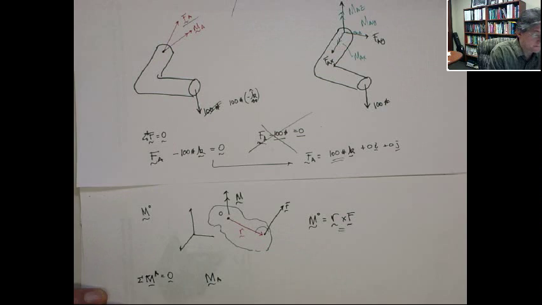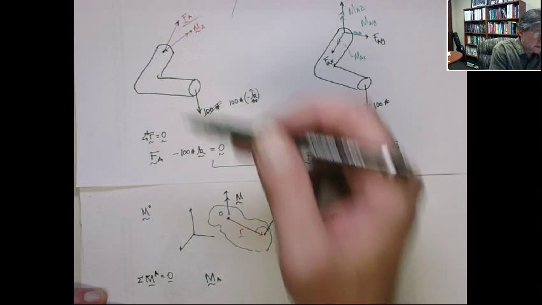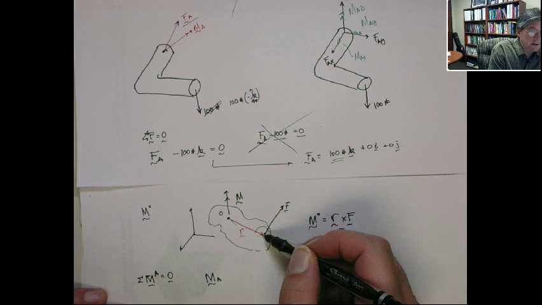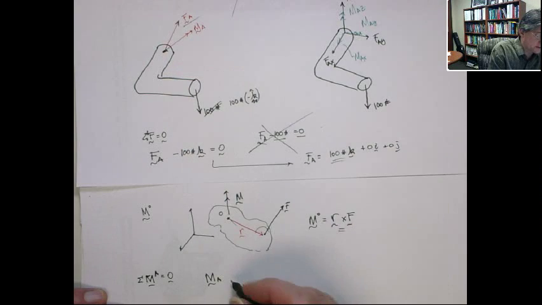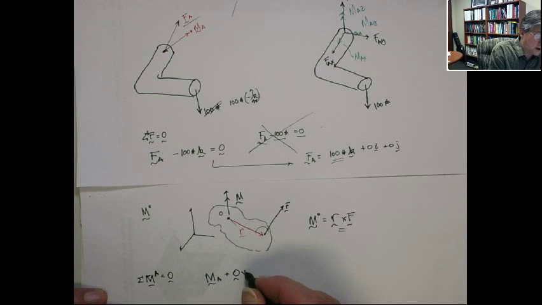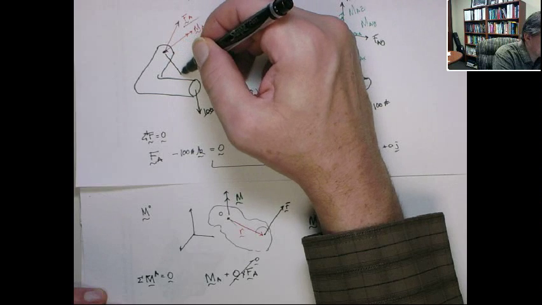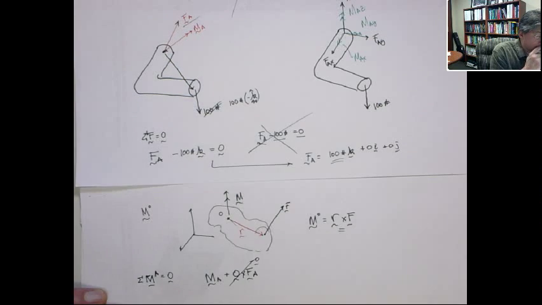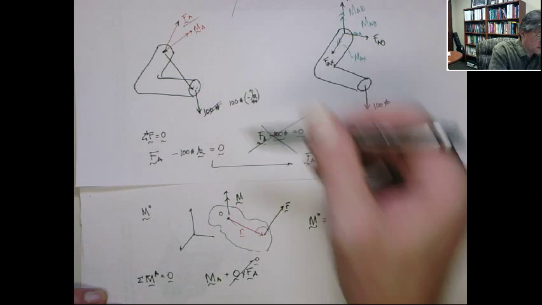Now this force here is applied at point A, so its moment arm is 0. In other words, there is no moment. FA is at the point, so that doesn't do anything. If you want to technically say it's 0 cross FA, that obviously is going to go to 0. And then we have this other vector. The vector that we can draw from A to the point of application of this force, the tip force, is R.